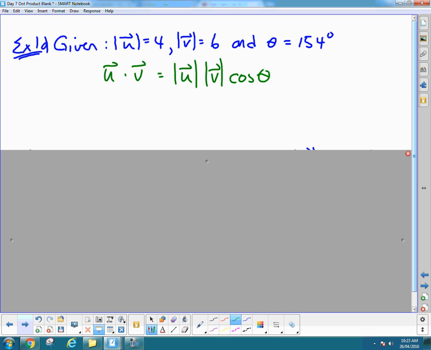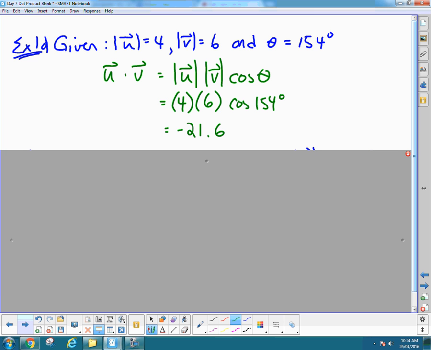In this particular example, the magnitude of u is 4, the magnitude of v is 6, and the angle between them is 154 degrees. When we go to our calculator, again making sure we're in degrees, I would do the cos of 154 first, get that answer on my calculator, multiply it by 6, multiply it by 4, and we get an answer of negative 21.6. And that is the multiplication here.